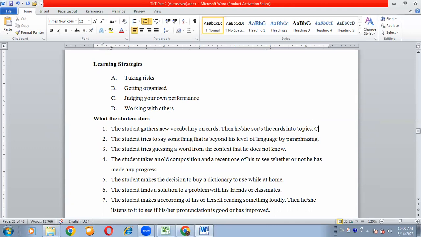The student tries to say something that is beyond his level of language by paraphrasing. Paraphrase කරලා කියන්න උත්සාහ කරනවා. What is the answer that you have written?